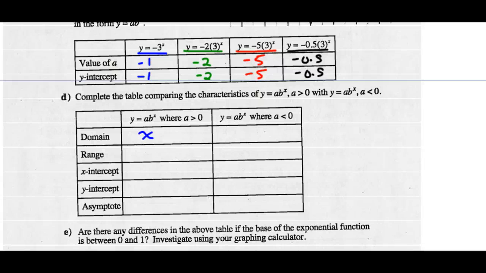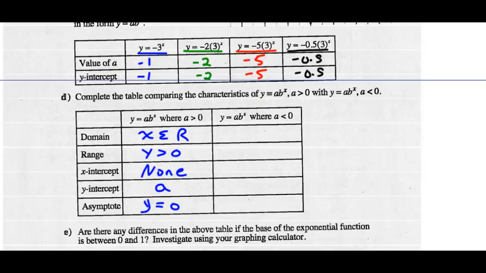So the domain, x goes forever right and left, so any real number. The range, y is greater than 0. All those graphs are above the x-axis, never touch it. There is no x-intercept because the graph never touches the x-axis. The y-intercept is 1. No, it isn't. The y-intercept is a every time the value of a changes, but the asymptote is still the x-axis, which is y equals 0.